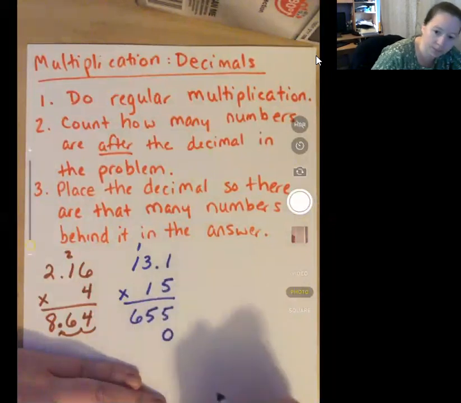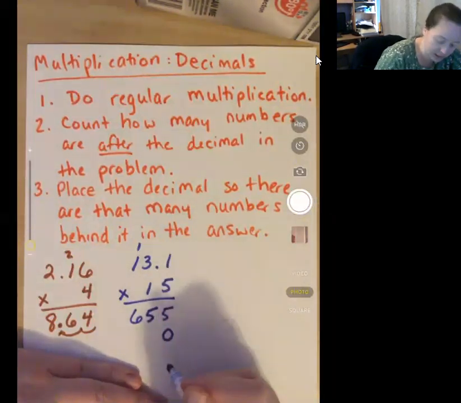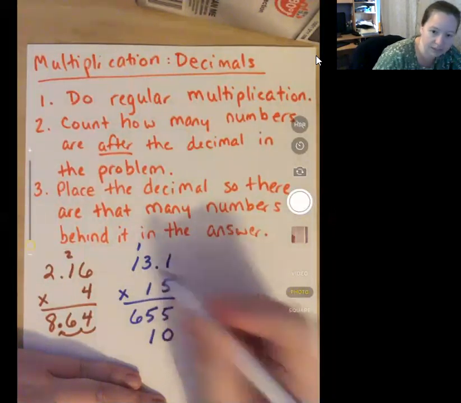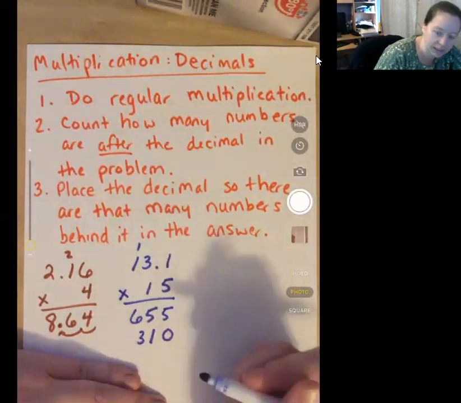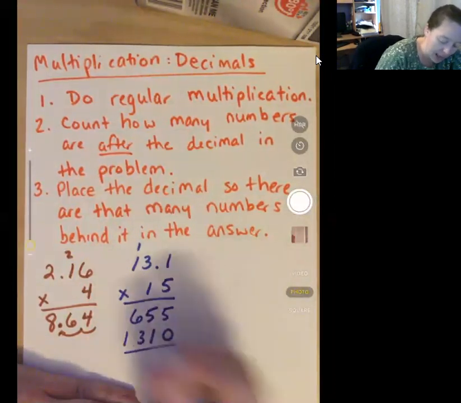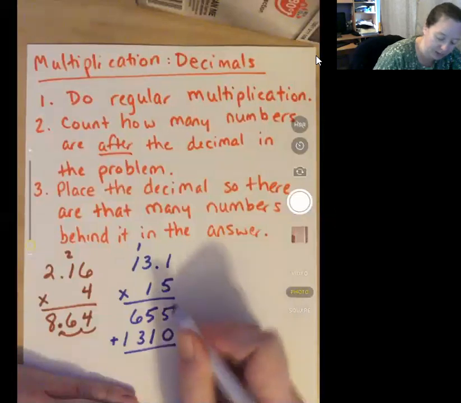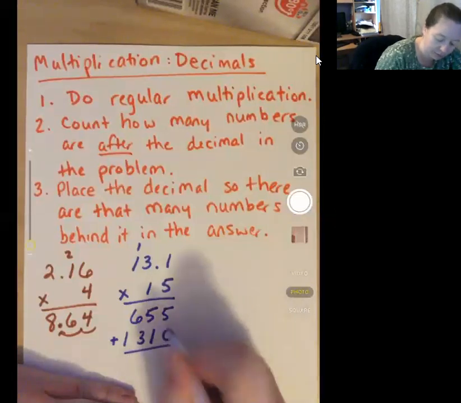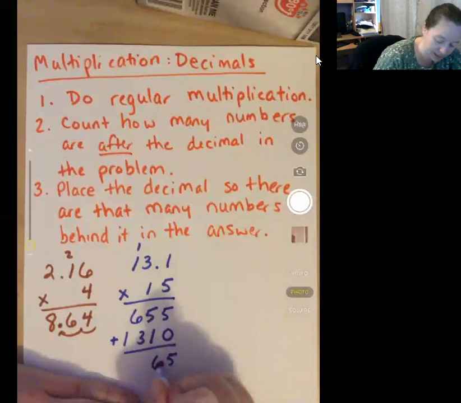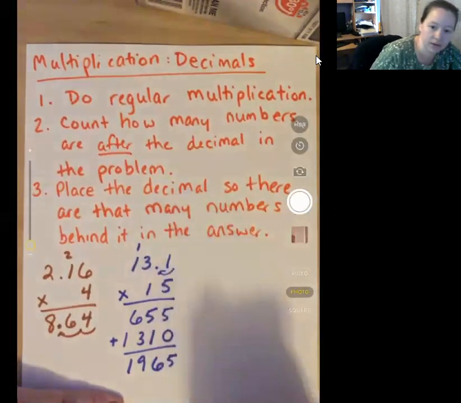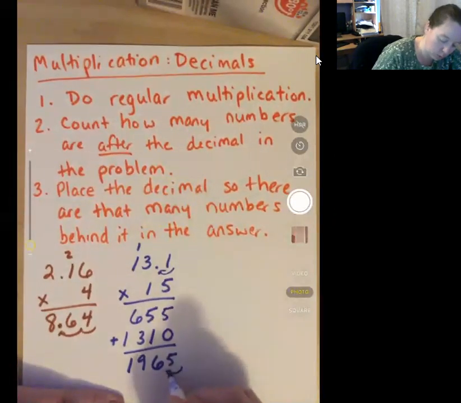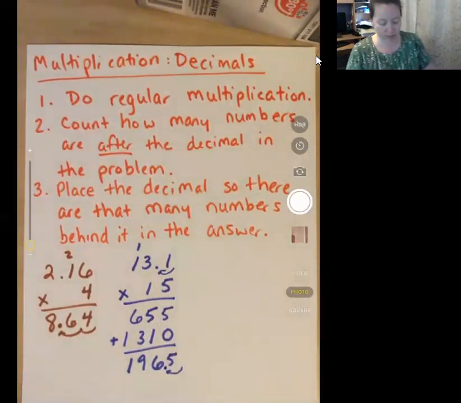Placeholder for the 0. 1 times 1 is 1. 1 times 3 is 3. 1 times 1 is 1. Add it all together. 5 plus 0 is 5. 5 plus 1 is 6. 6 plus 3 is 9. And then nothing plus 1 is 1. I have 1 after the decimal place, so I put 1 after the decimal place.